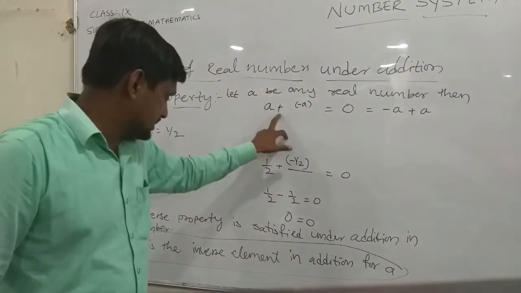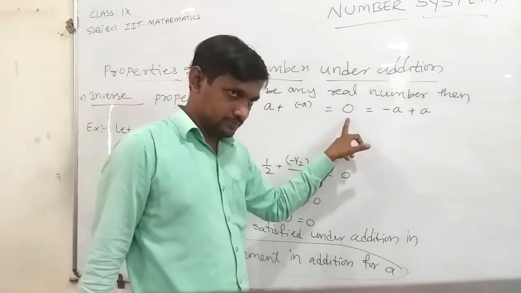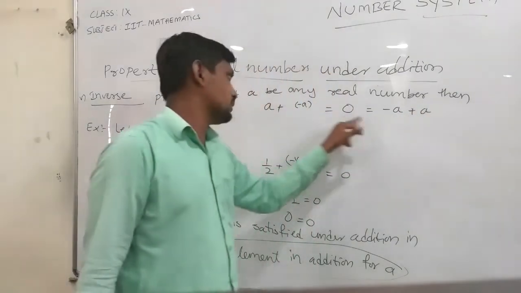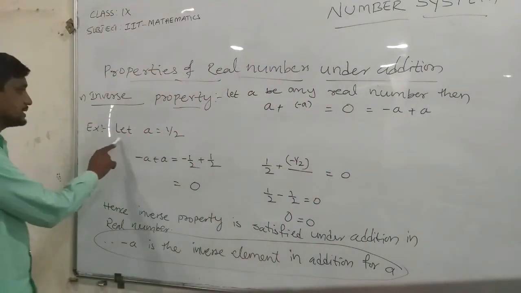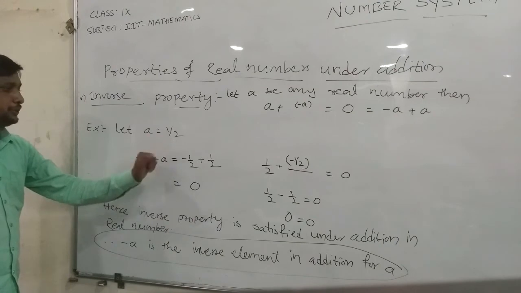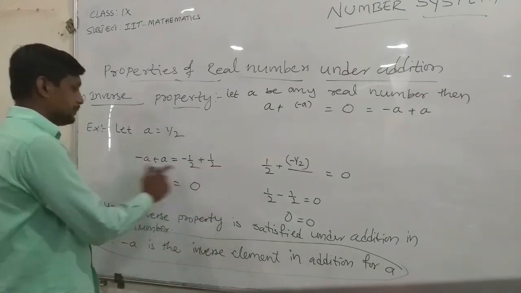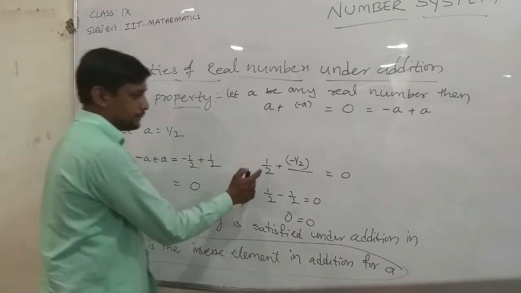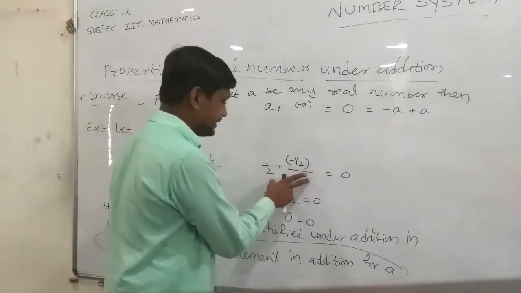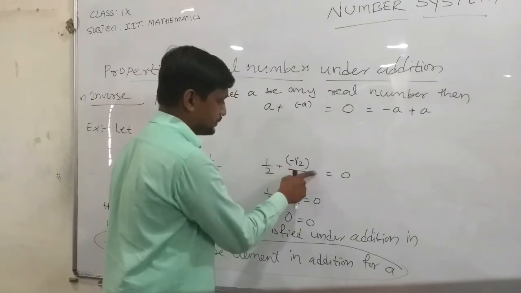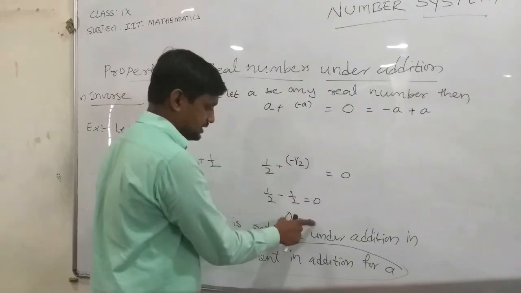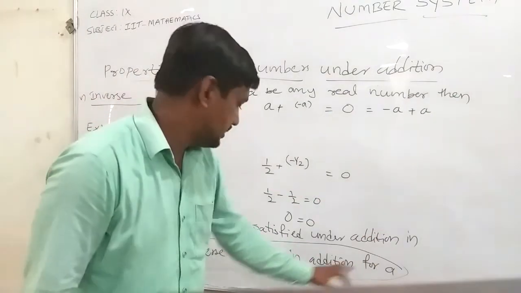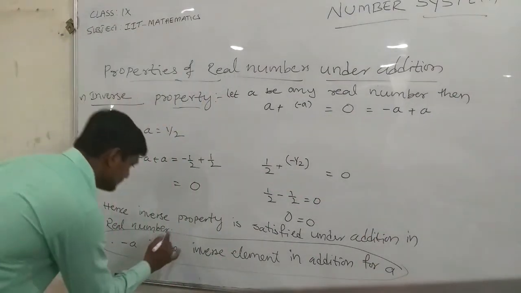So A plus minus A gives 0, or minus A plus A is equal to 0. For this I take the example A equal to 1 by 2 and substitute: minus 1 by 2 plus 1 by 2 is 0, and 1 by 2 plus minus 1 by 2 is equal to 0. So hence the inverse property is satisfied under addition in real numbers.